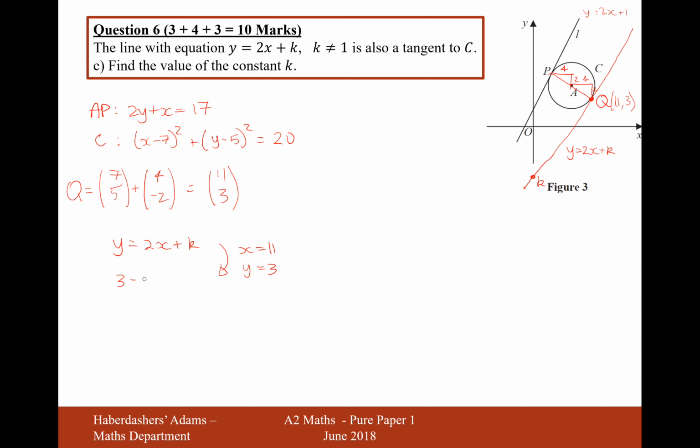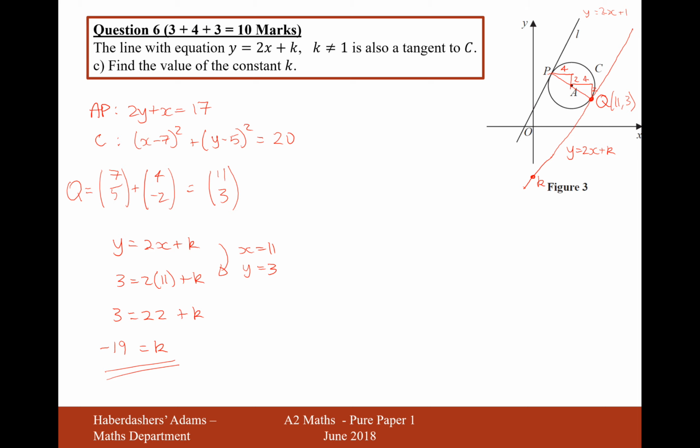So I get 3 equals 2 times 11 plus k. That's 3 equals 22 plus k. Take away the 22 from both sides to get minus 19 equals k. So there we are. We've found the value for the constant k. The answer is minus 19.